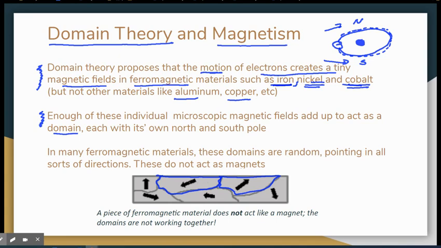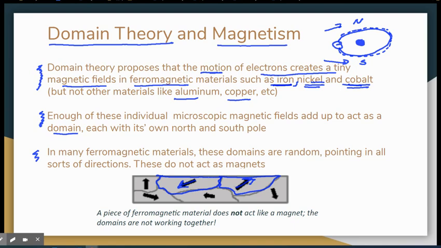This domain has magnetic fields pointing this way. This domain has magnetic fields pointing this way. They cancel each other out overall. So that's this third point. In many ferromagnetic materials, these domains are random, pointing in all sorts of directions. They don't act as magnets because they're not working together.